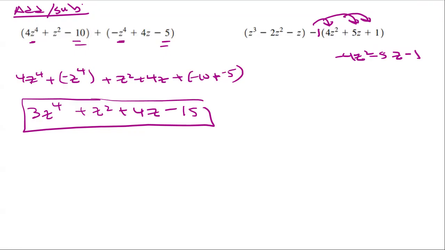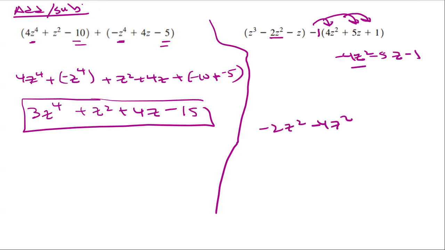So we got z cubed. There's no z cubed, but there is a z squared. So we'll have negative 2z squared minus 4z squared. So those guys are out. Okay. And then we have a minus z and a minus 5z.